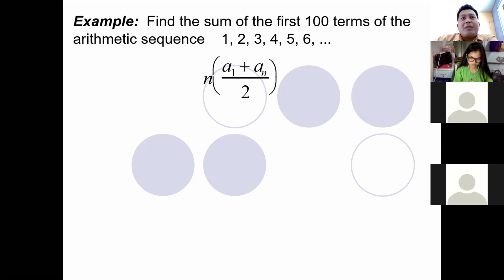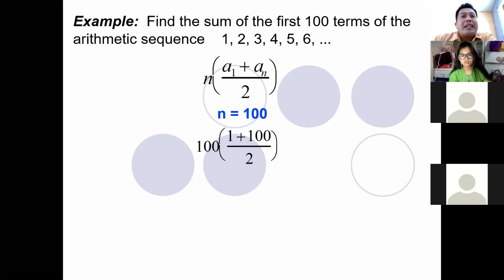With n equal to 100, we have 100 times (1 plus 100) divided by 2, which is 101 divided by 2, or 50.5, times 100. So the sum of the first 100 terms is 5,050.